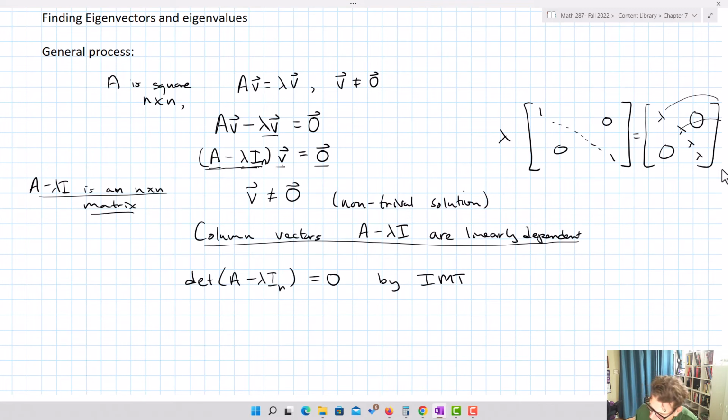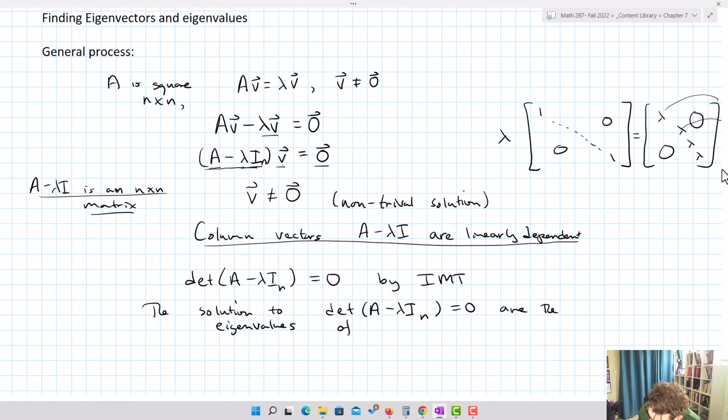The solutions to the determinant of A minus lambda I equals 0 are the eigenvalues of A.